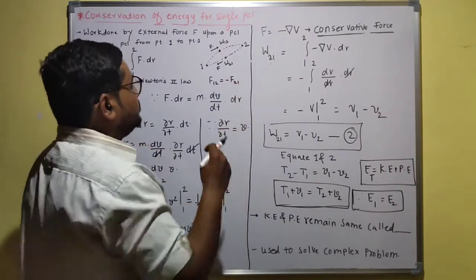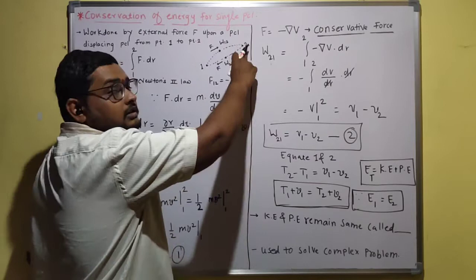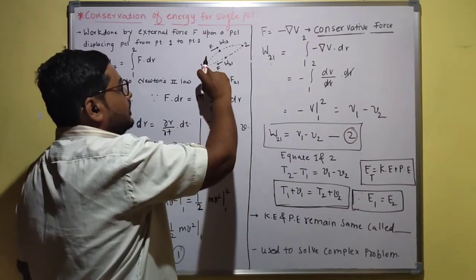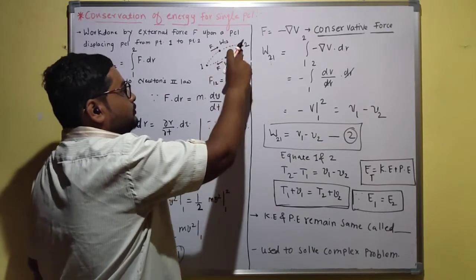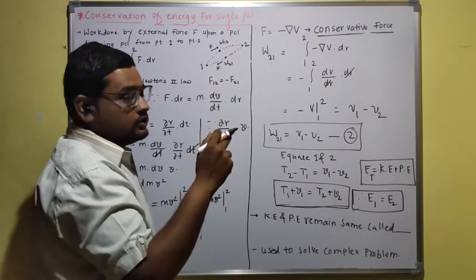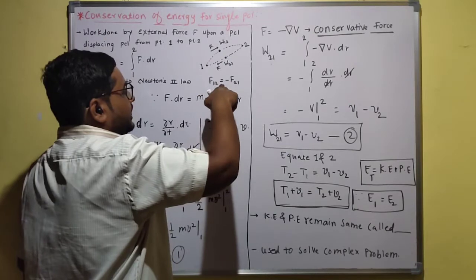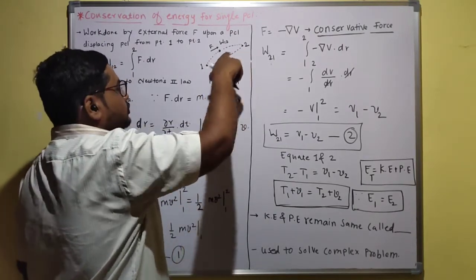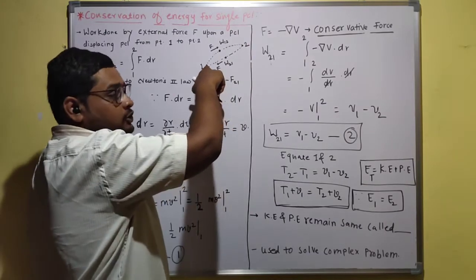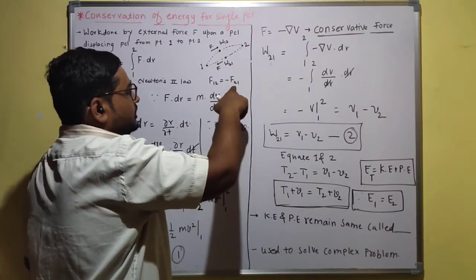Okay, what will happen? For displacing the particle from point 1 to point 2, we have applied some force which is equal to F12, and for displacing the particle from point 2 to point 1, the force is F21.